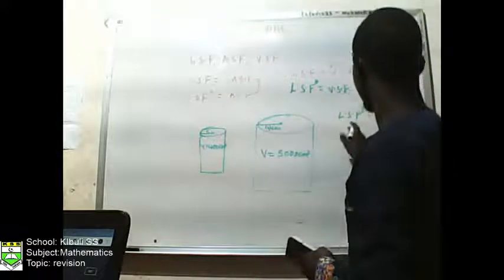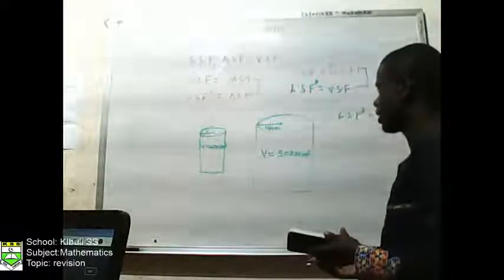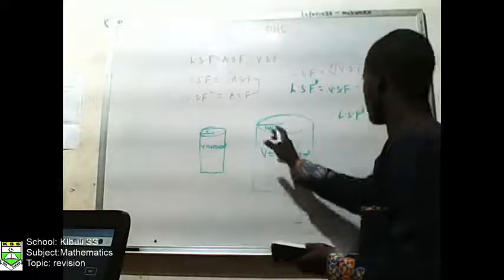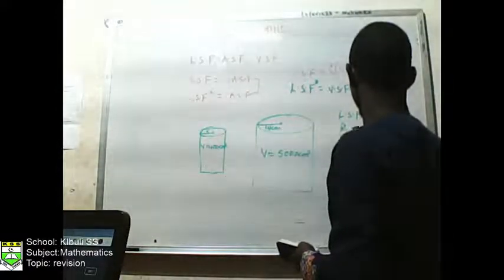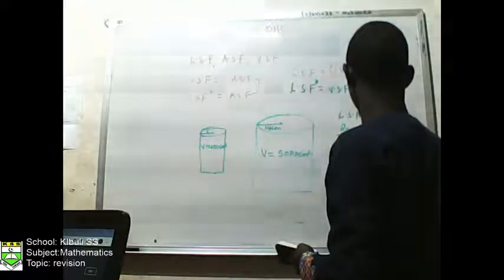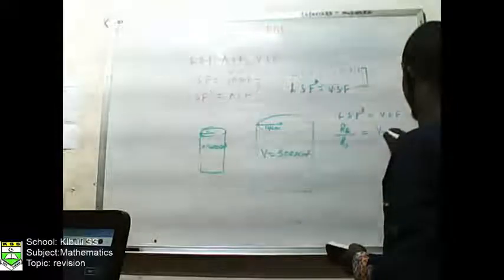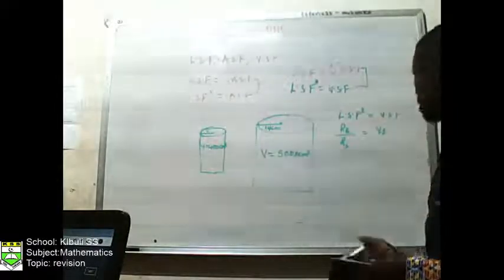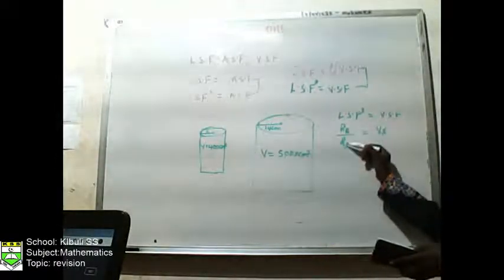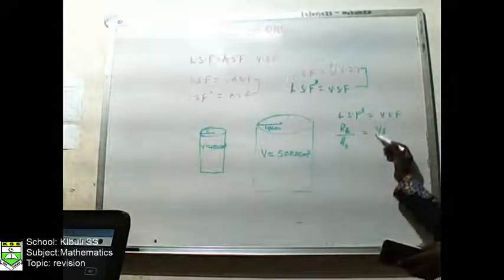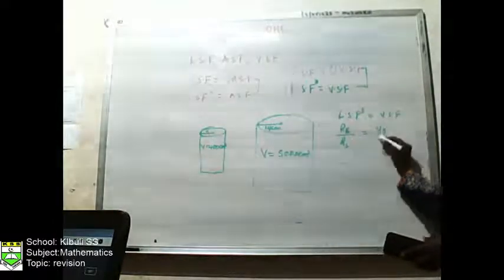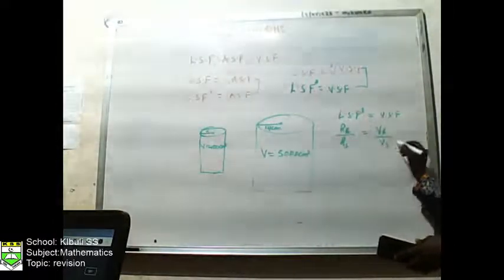You use the simplest method for you. So after this, I will have to get which values are linear. I will say that the radius of the big cone over the radius of the small cone is equal to the volume of the big cone. Now you should be careful here. If you start with the radius of the big cone over the radius of the small cone, in the same way on this side you should start with the volume of the big cone over the volume of the smaller cone.